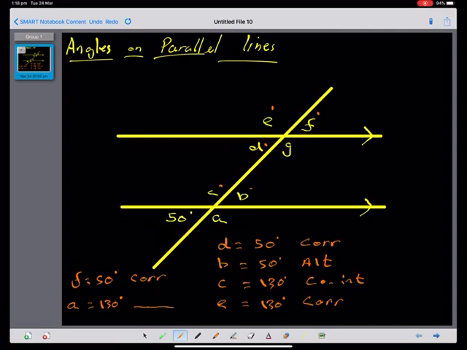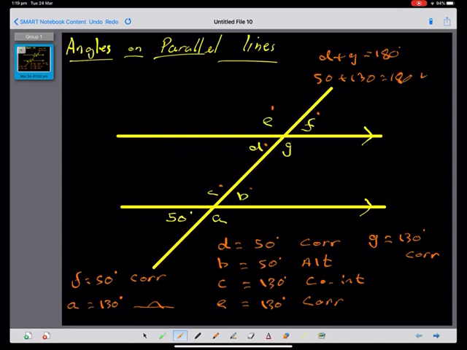Then we can finally say G is equal to 130, and it corresponds to A, or we can say that D plus G is equal to 180 because it's on a straight line. Let's check that. D is 50 plus 130 is 180.